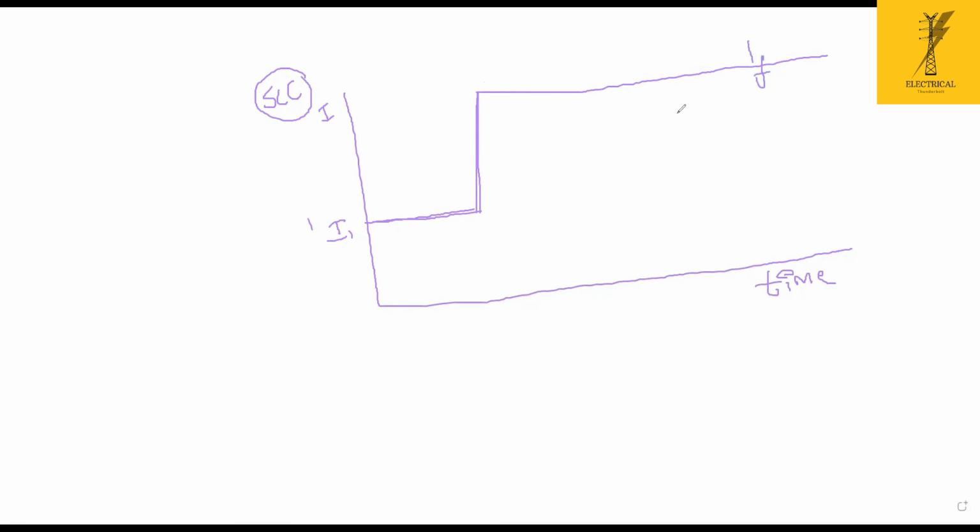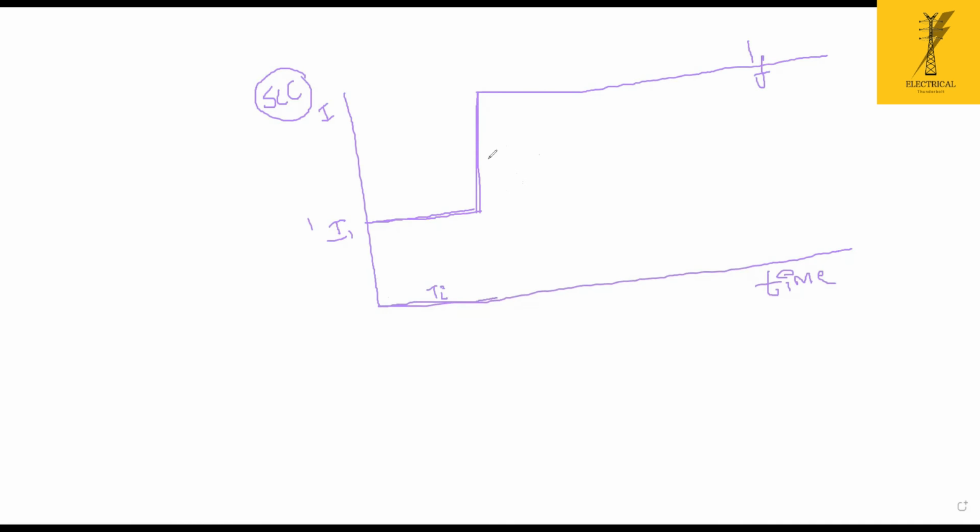Due to this step change in the fault current, the conductor temperature, in the normal period, is at an initial temperature. After this, the temperature will not rise at a single instant.